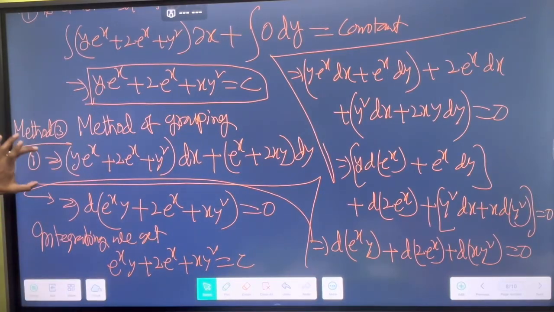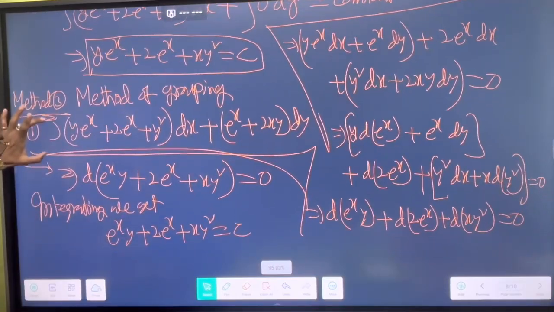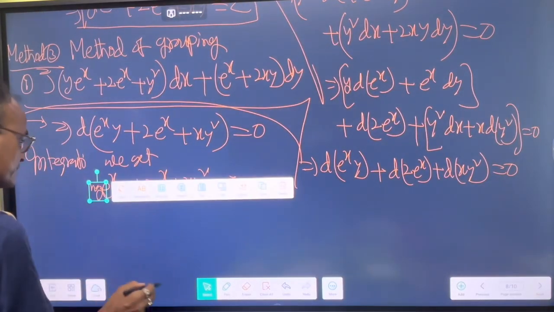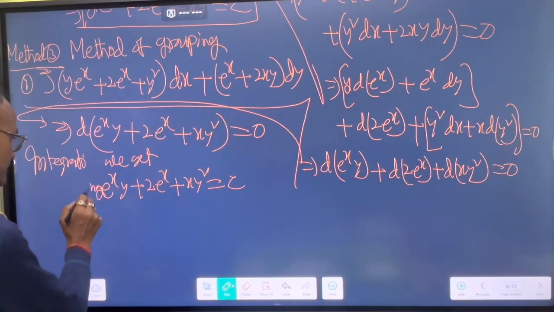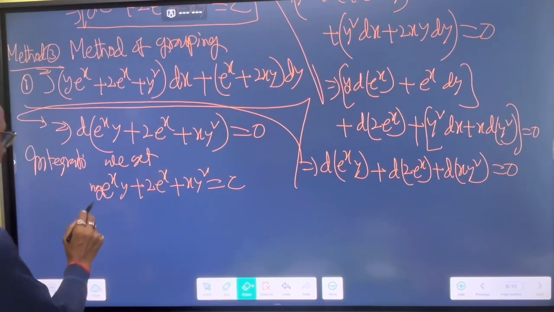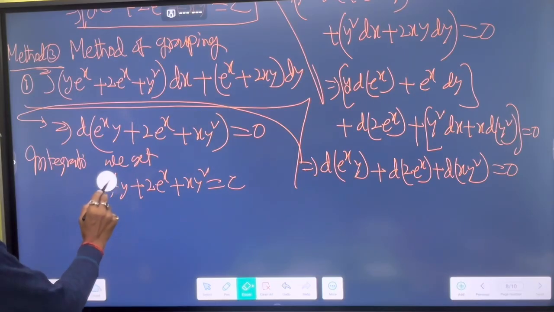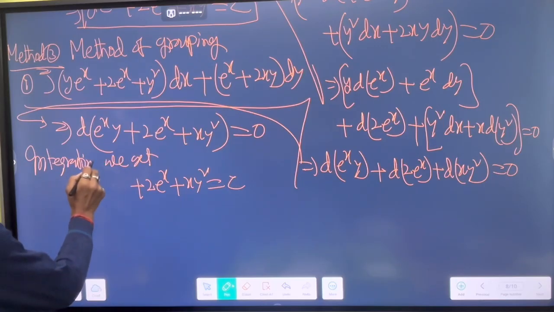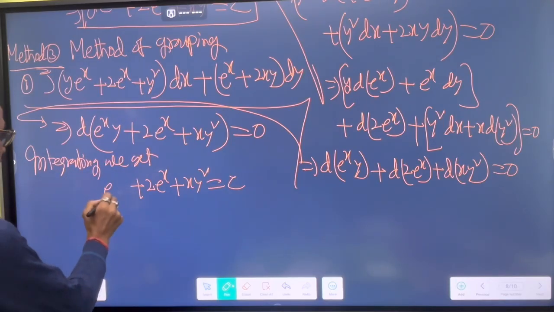This is equal to c. Please note, e to the power x y equal to this.